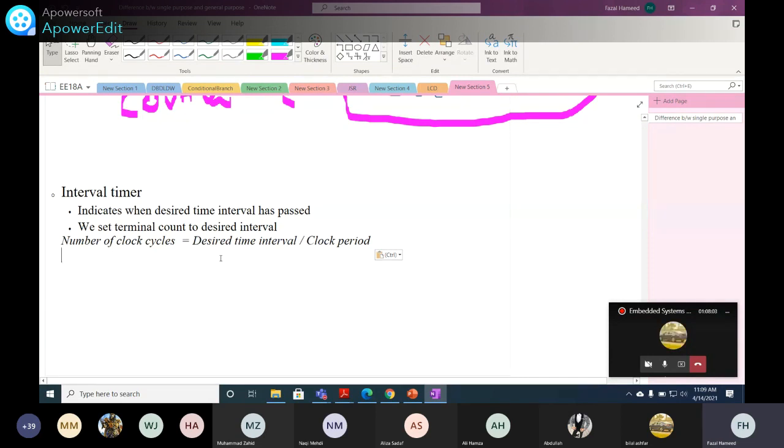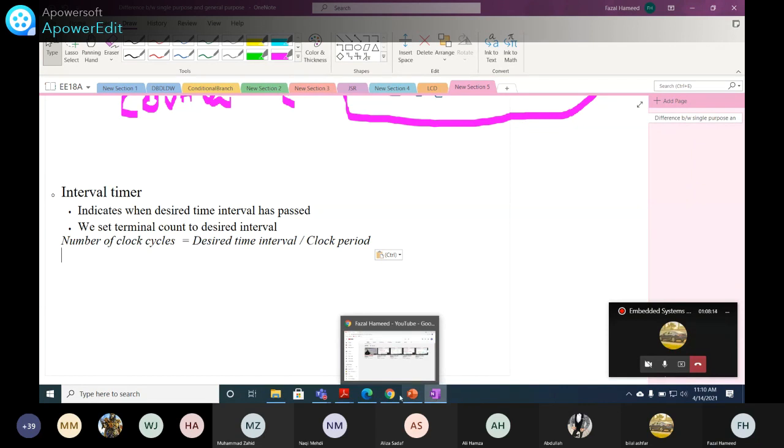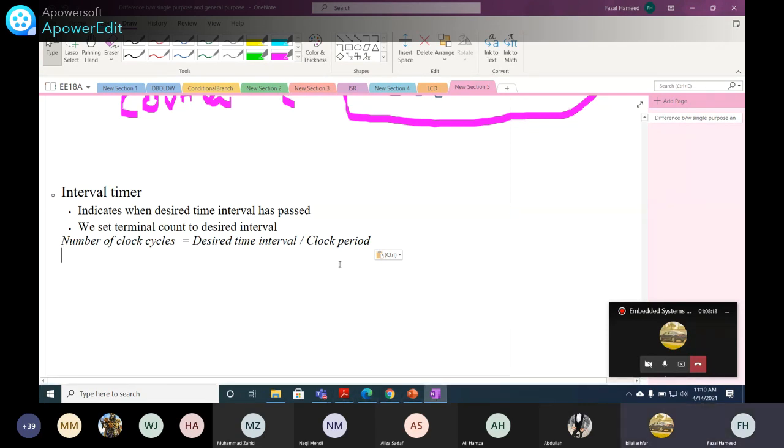Beta, please tell. Why are you not contributing? Anybody? Sir, please repeat once. Look, the English is written here: an interval timer indicates when the desired time interval has passed, and we set the terminal count to the desired interval.